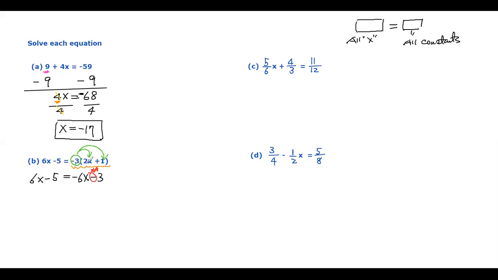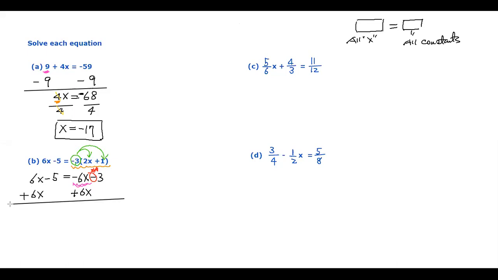All right, so now I'm going to move all the x to one side and leave all the constants. So the first thing I see here is I have -6x, so I want to move it to the left-hand side. What I can do here is I will add plus 6x, right? Clear, right?